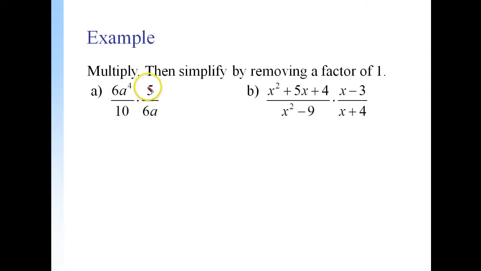So notice I could cancel a 5 there, and this becomes a 2. I can cancel the 6 completely. I cancel the A, there's a 1 there, so then this will become a 3. So my final answer then will be a to the third over 2. And I use the process of canceling to get to my answer.